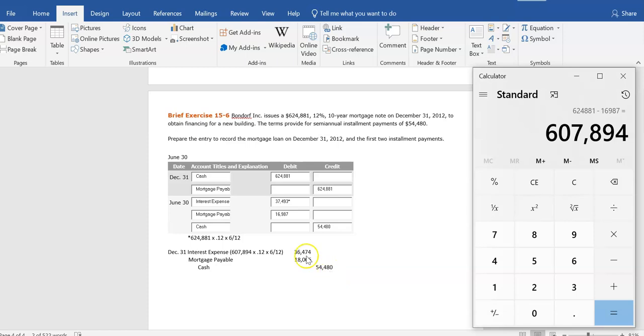Of the $54,480, $36,474 is going towards interest, and the difference between the $54,480 payment and how much of it is going to interest will be the amount that we decrease the debt, decrease the liability with a debit.